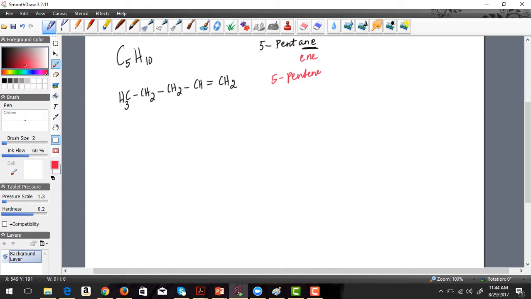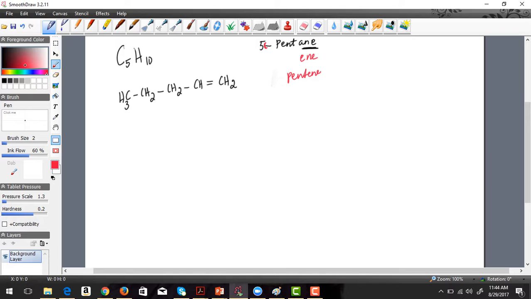Oh, sorry, it's not 5-pentene, it's just pentene, right? 5 is just the number of carbons. This is 5 carbons, so we said that's pentane, but since it contains a double bond, it becomes pentene now, right?